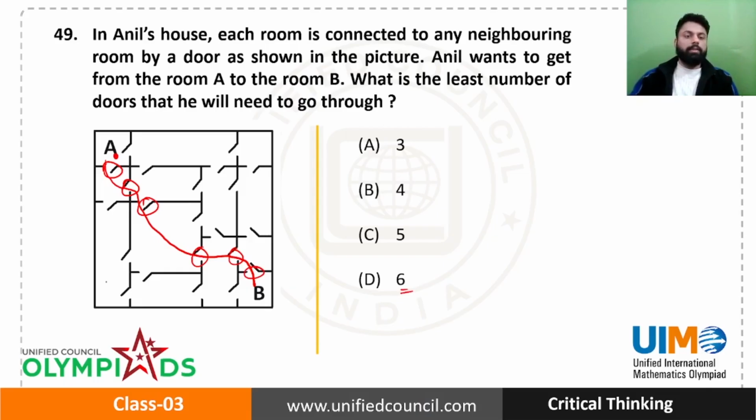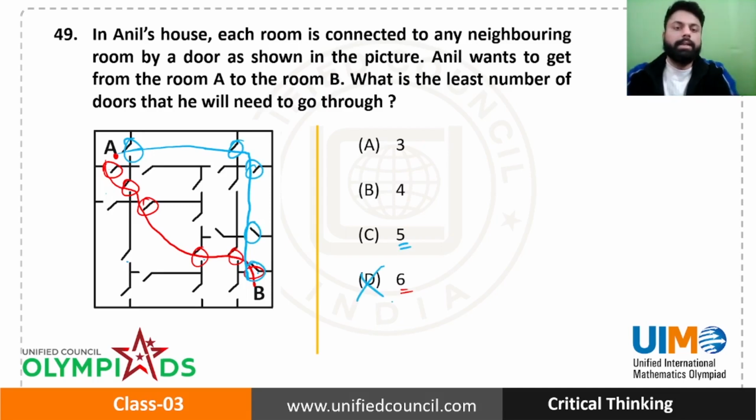Let's assume that instead of going from here, Anil is going from the same door, but now like this. Going like this, 1, 2, 3, 4, 5, 6. Again 6. If he is going from here, 1, 2, 3, 4, 5 doors. So D option is definitely not the correct answer.